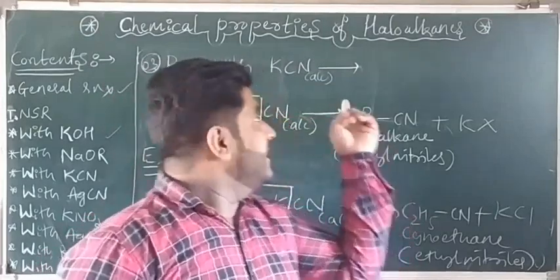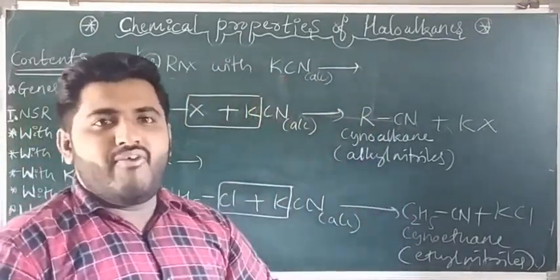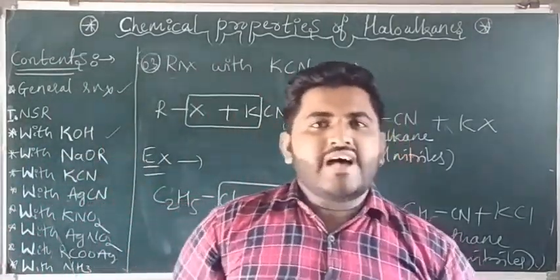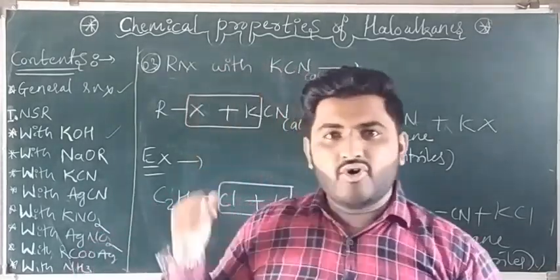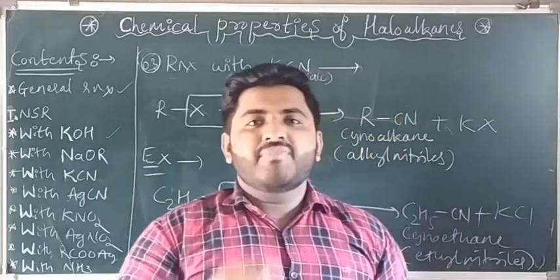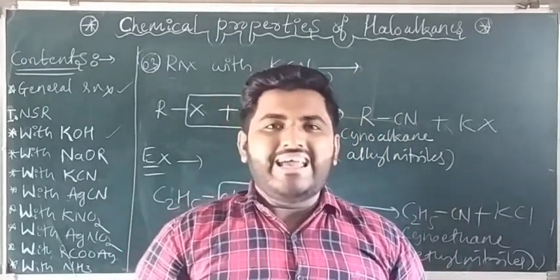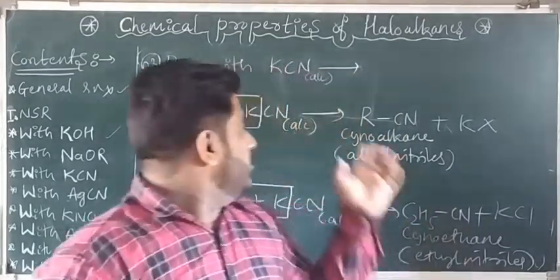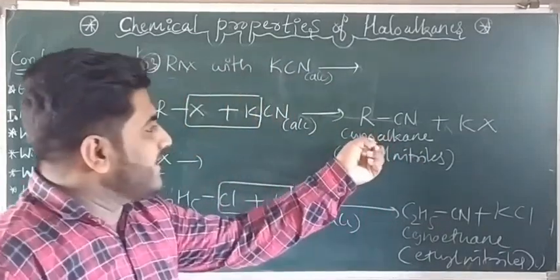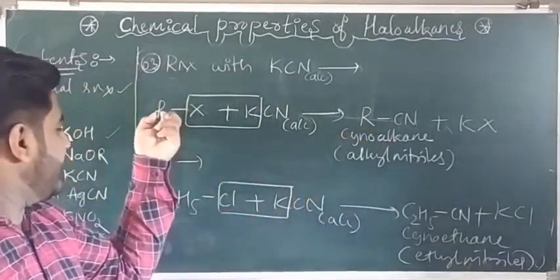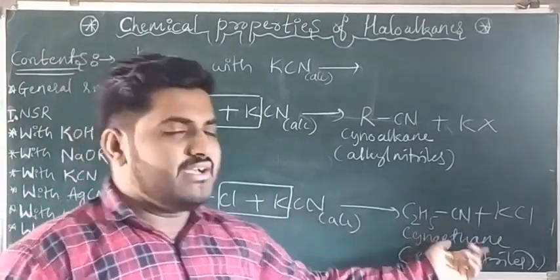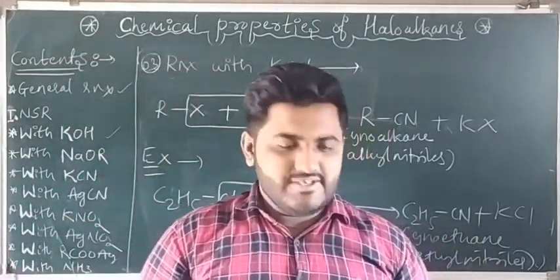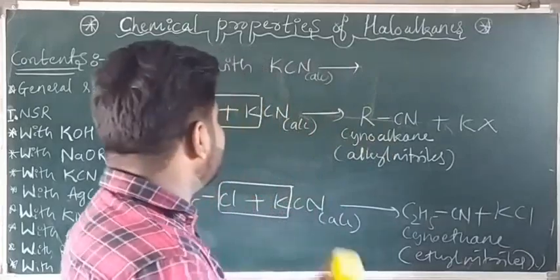So when alkyl halide, RX, is treated with alcoholic KCN, we are getting cyanoalkanes or alkyl nitriles. If you take ethyl, methyl, whatever the group in place of R, you get the corresponding product. I hope you understood. This is regarding reaction with KCN.